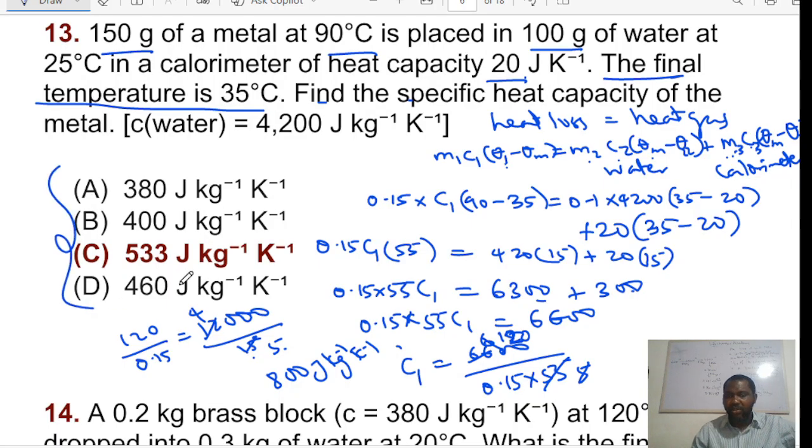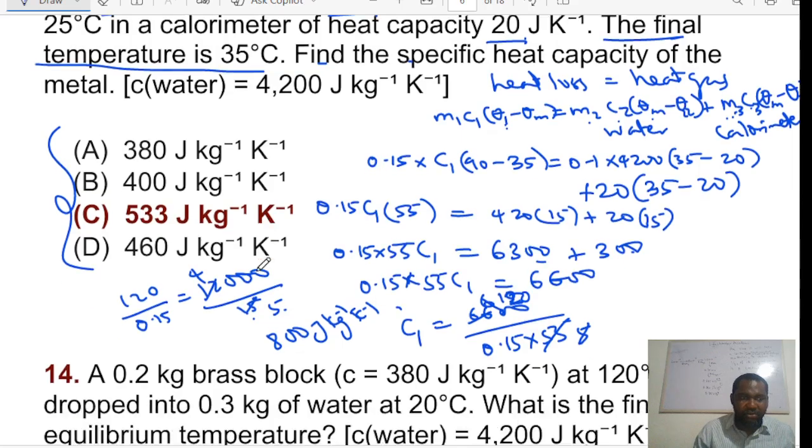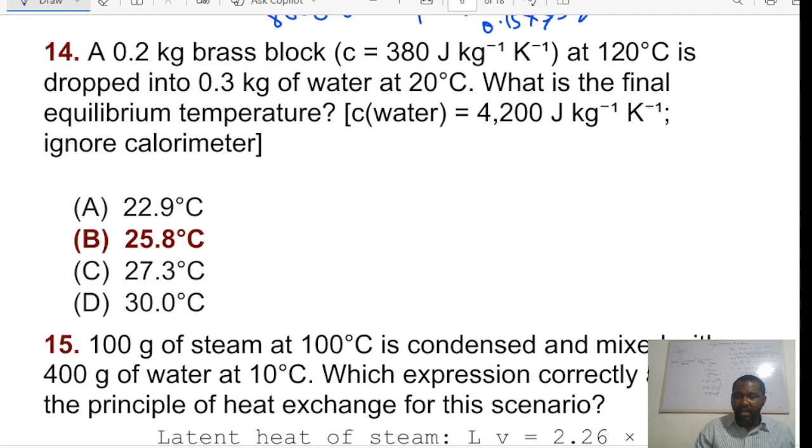What is most important is that you know how to solve this. Now this one says that a 0.2 kilogram brass block, and they give you the specific heat capacity, at 120 degrees Celsius is dropped into 0.3 kilogram of water at 20 degrees Celsius.